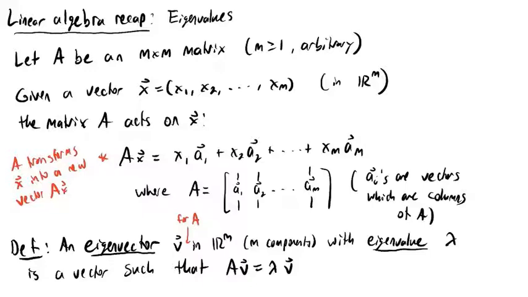So these types of vectors turn out to be very useful, because in many cases you can find a nice basis for your space consisting of eigenvectors for this matrix, which make all sorts of computations a lot easier to do in linear algebra.